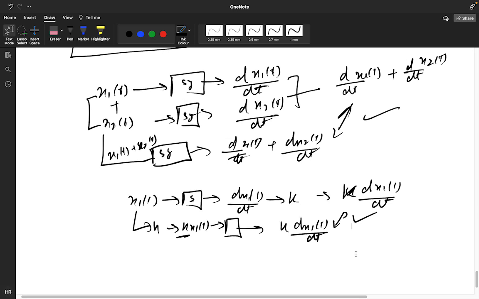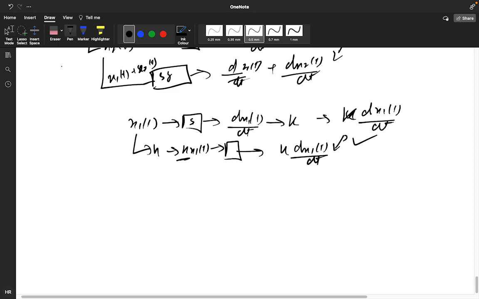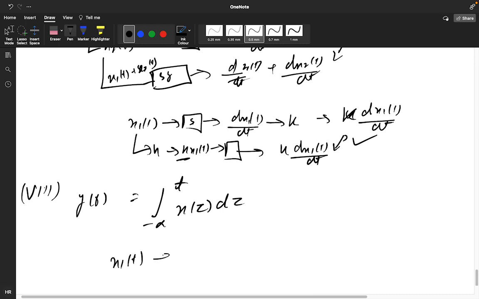Same thing for integration. So for integration, if you check it, it is the integral from minus infinity to t of x of tau d tau. If you provide the input x1 of t, the system simply integrates x1 of tau d tau.